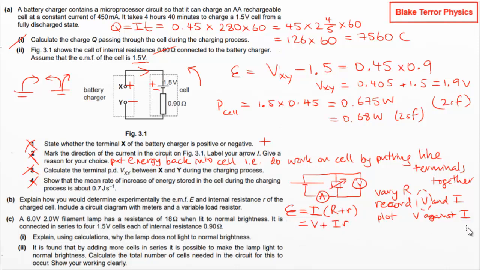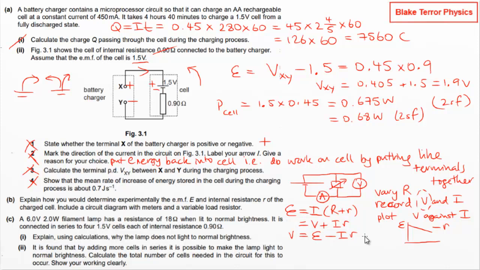So if we're plotting V against I, we are getting a graph of V is equal to the EMF minus I times r. So we're going to get a straight line going downwards, negative gradient. The intercept is the EMF and the gradient is the negative of the internal resistance.